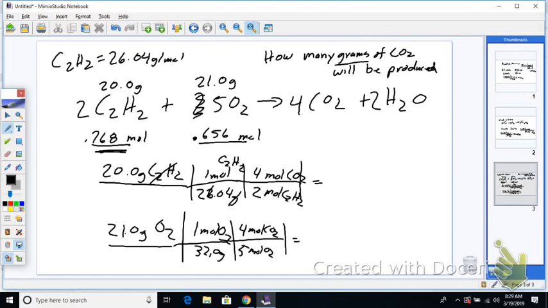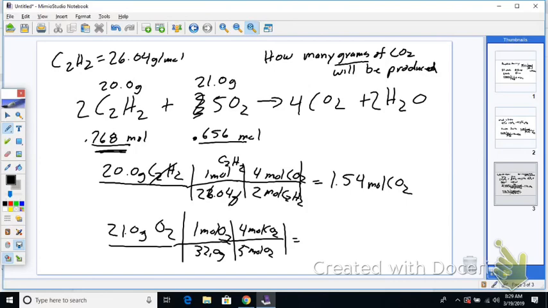Now, in the past, you could take both of these to grams and then you know your answer right away. And some of you will prefer to do that in the future. And that'll be kind of up to you at that point in time. So this first one can make 1.54 moles of CO2. That's how much it can make if the 20 grams are all used up.